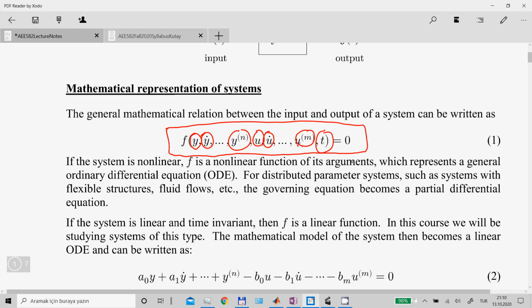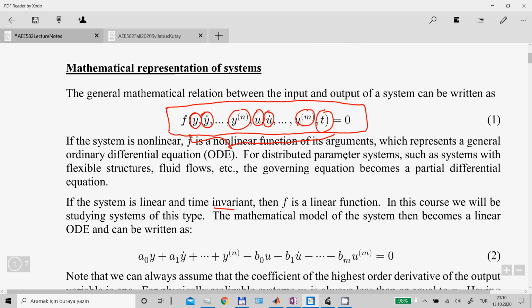In the most general sense, this equation can be a nonlinear function of all of these arguments. But if your system is linear and time invariant, then this function will be a linear function, which means all of these arguments will appear in the equation with some constant coefficients.